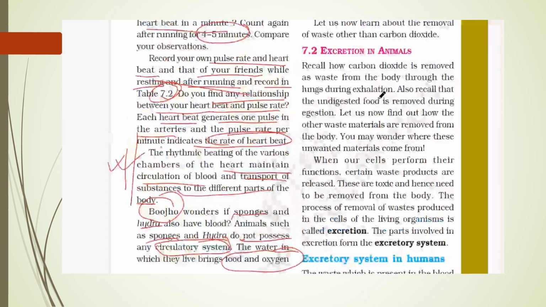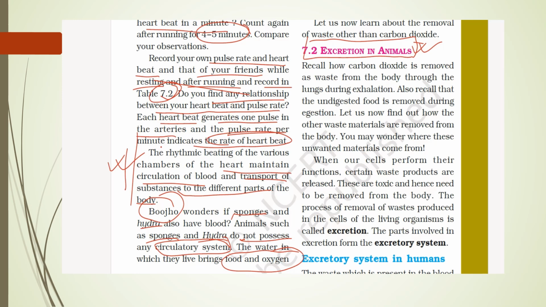Okay, so now we will move on to excretion in animals in the next episode. We have completed the circulatory system fully, but in transportation both circulation and excretion in animals are there. Then we will move on to transportation in plants in a later class. This episode I am ending because excretion is a totally different topic.